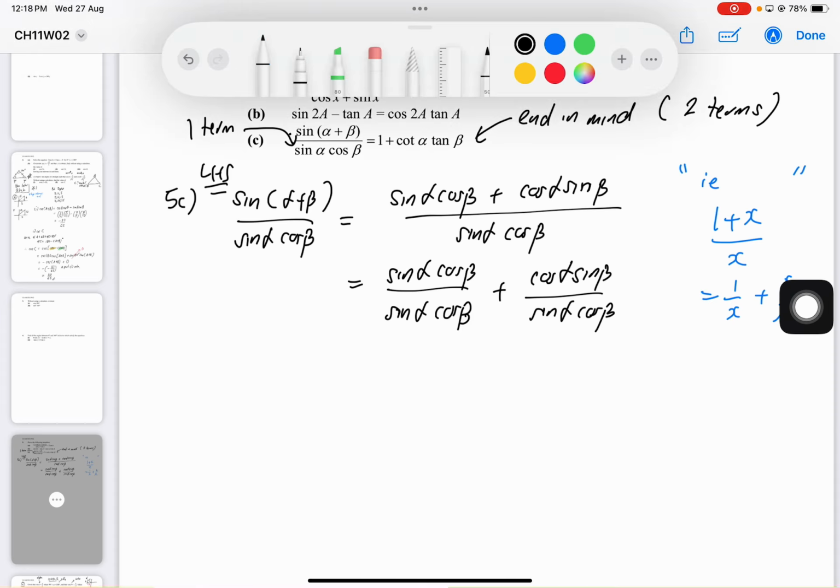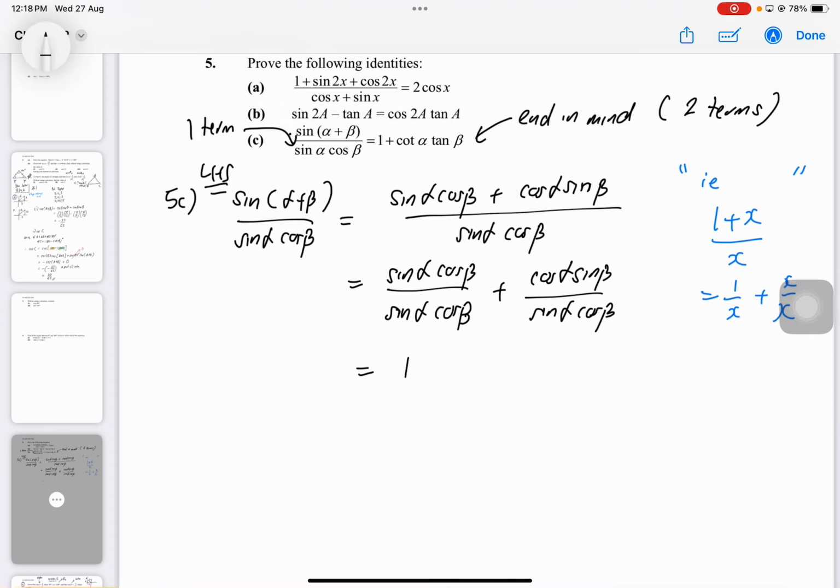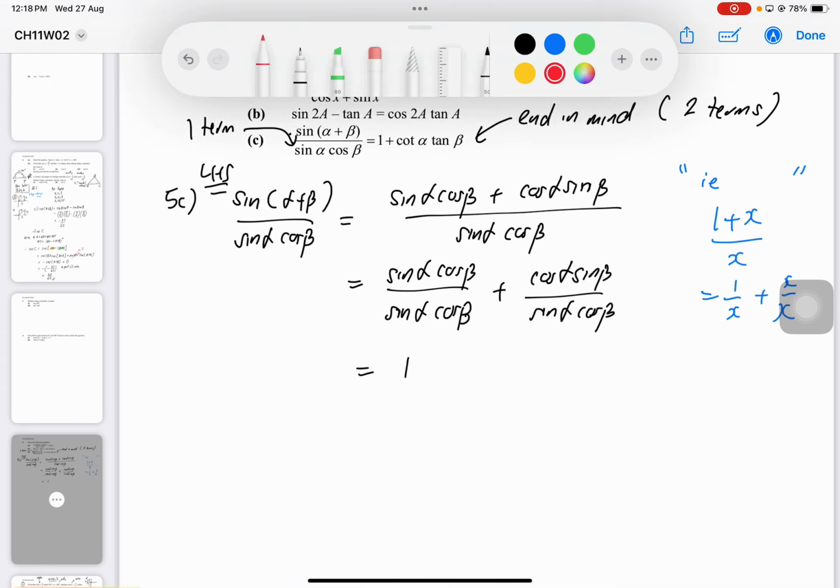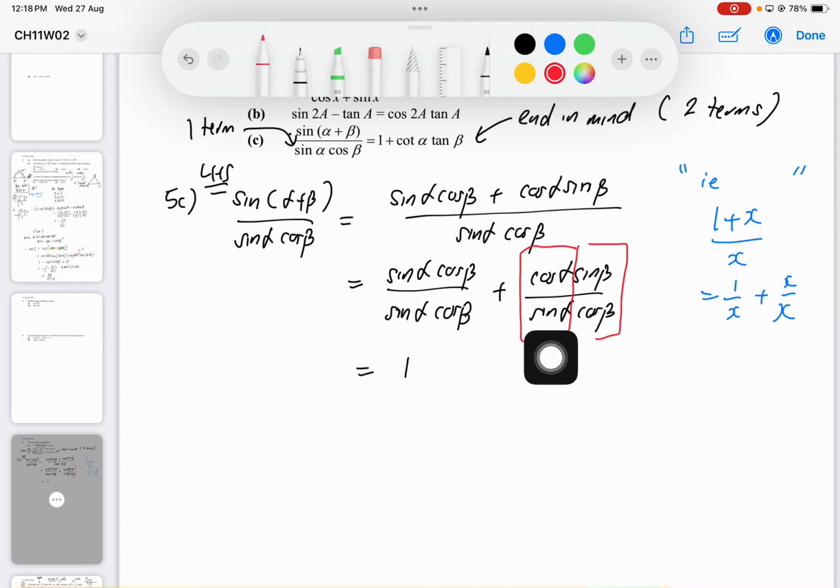Okay, so here we can simplify. Is the first term equal to 1? Yes. You will realize that what can be cancelled? I can split it this way. Do you see cos alpha over sine alpha? What is cos over sine? Cos over sine is cotangent.